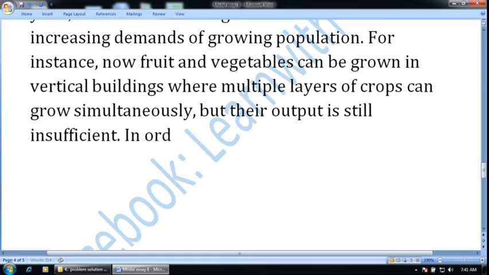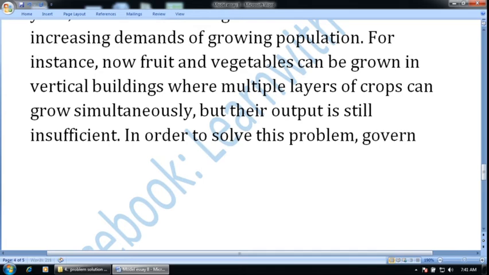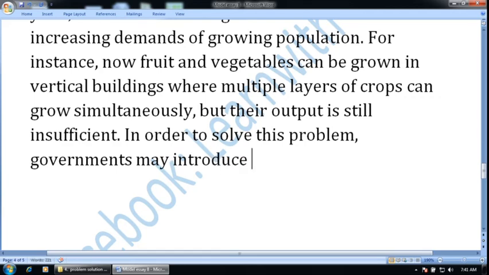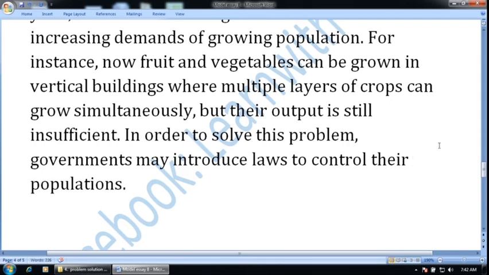For example, in order to solve this problem, governments may introduce laws to control their populations.